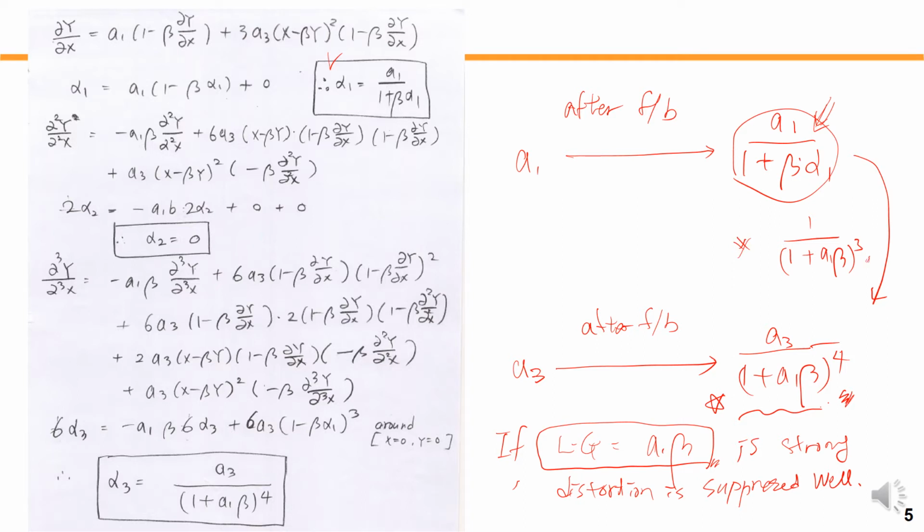So the first order has this relationship, but for the exact coefficient we get A3 over A1, and the third order is reduced this much, right?